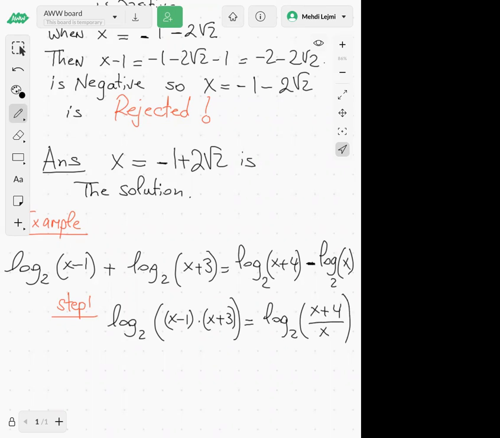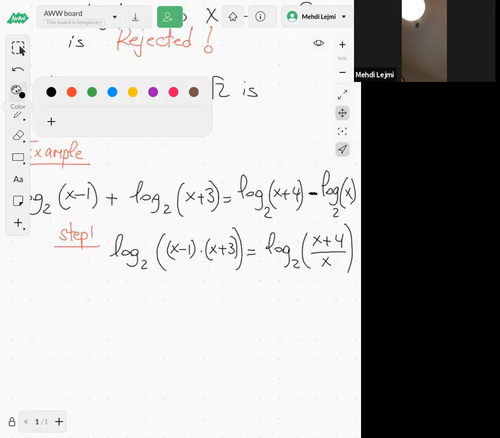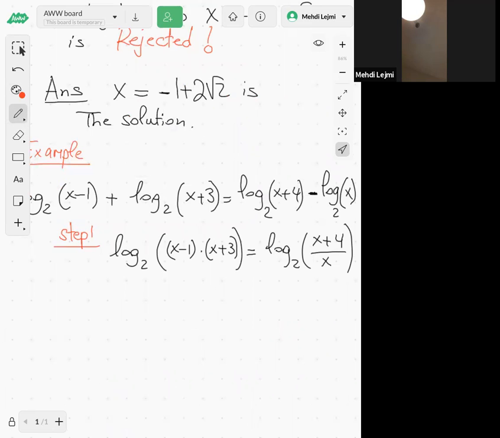Okay. And then you can apply exponential to get rid of the log from both sides. So in step number 2, the base is 2, of course. It's the same base here. So I'm going to use base 2 here. Here I have log in base 2 of x minus 1 times x plus 3, and here log in base 2 of x plus 4 over x.